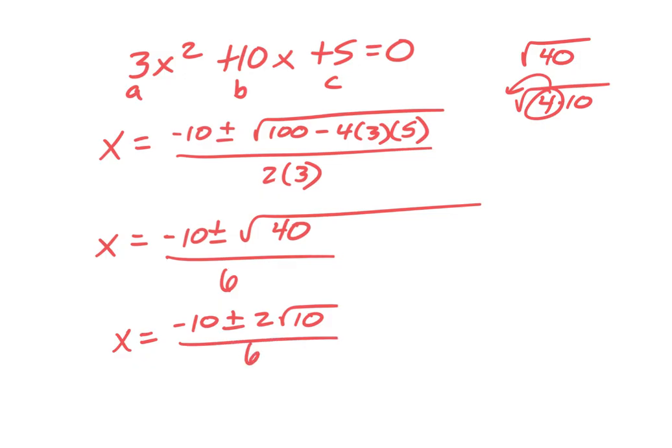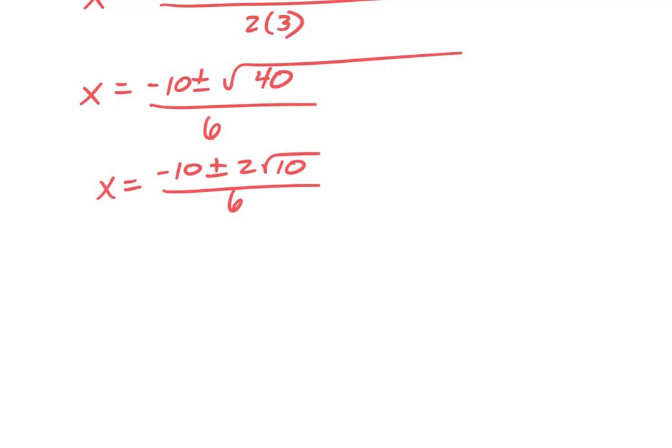Okay, and there's really 2 ways that they're going to ask us to express our answer. One way is to write our answer in simplest radical form. So in this case, we're going to say negative 10 plus or minus, oops, sorry, we're going to take a 2 out of all 3 of these, kind of like we did on the last one. All 3 of these have a 2 in common.